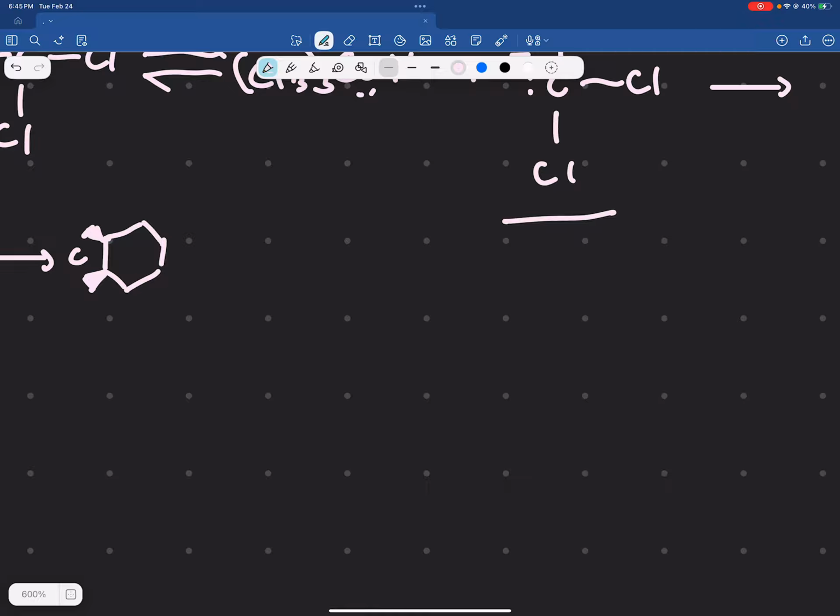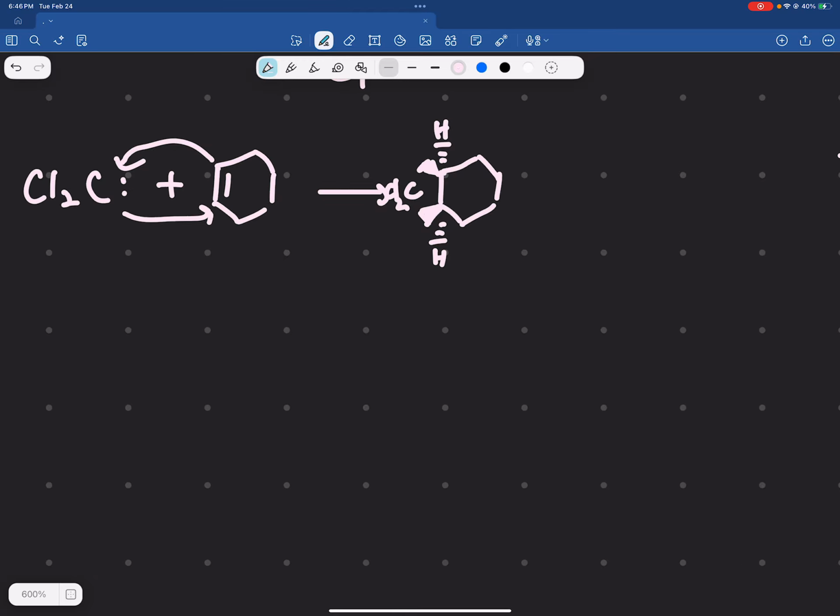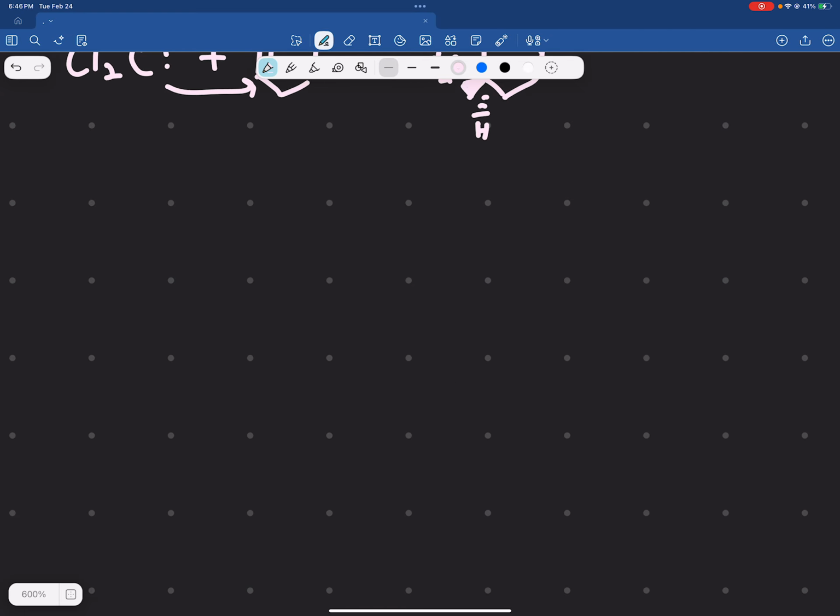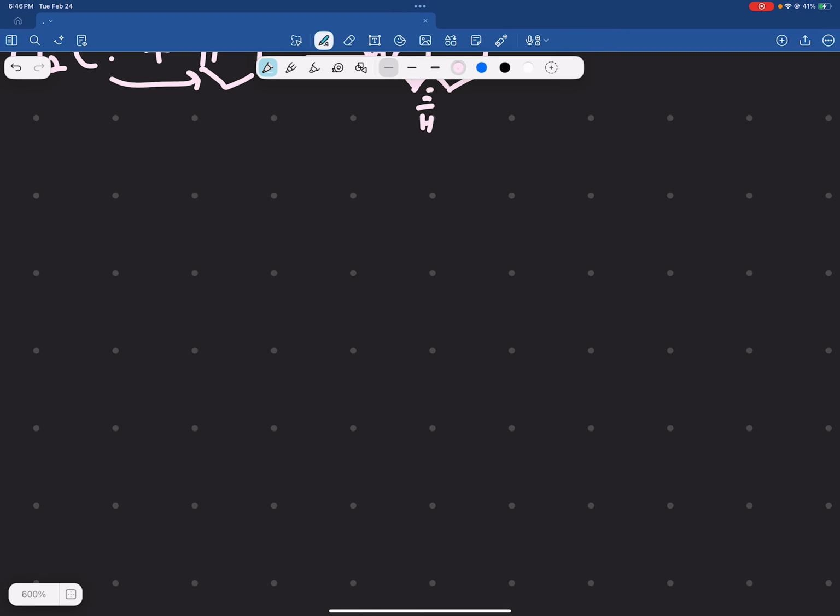This will be pointing the same way. I'm not going to go over the examples for this one, but I'm just going to skip over to the Simmons-Smith reactions. We're going to go over Simmons-Smith reactions now.